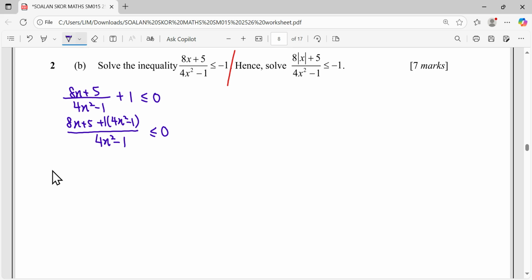We simplify our rational expression to the simplest form. It can be factorized, so we put the answer in factorized form.